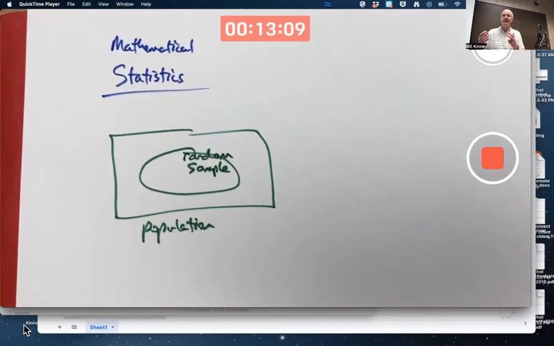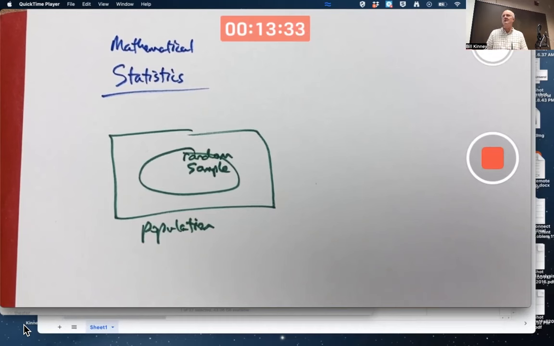Why? Because if it's a random sample, then the intuitive idea is that you hope it reflects the population, at least if the sample size is large enough. Now, a sample of size 1 is not necessarily reflective because if you're talking about heights of people, you might pick a basketball player. All right? You want samples that are relatively large in size.